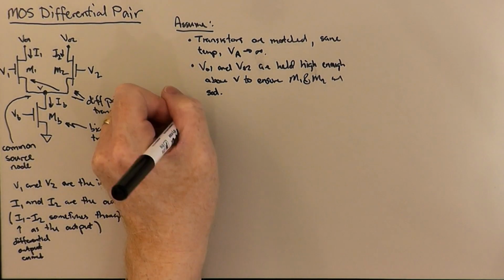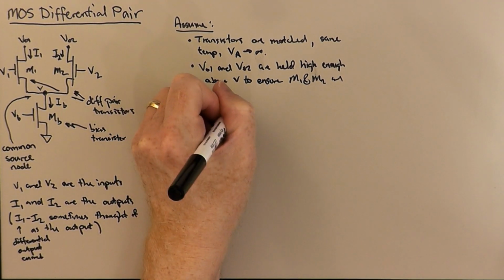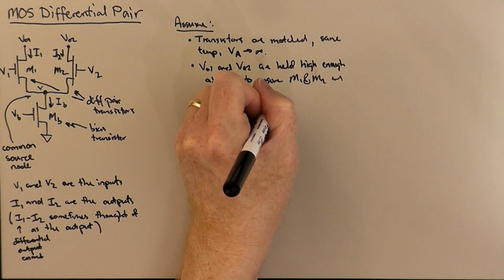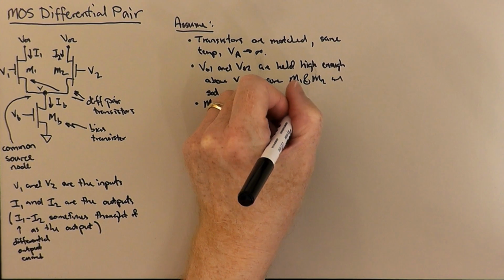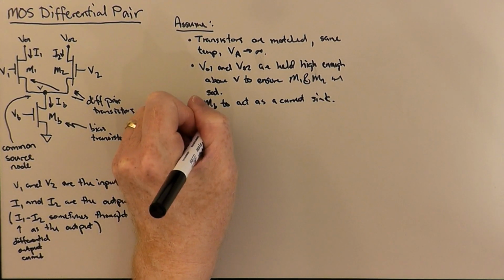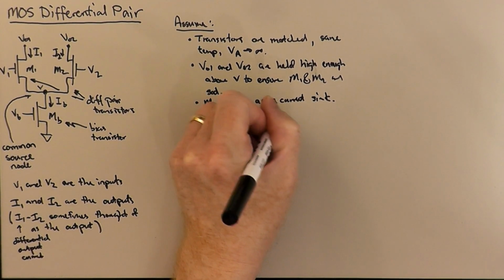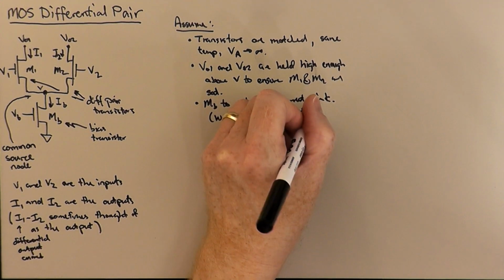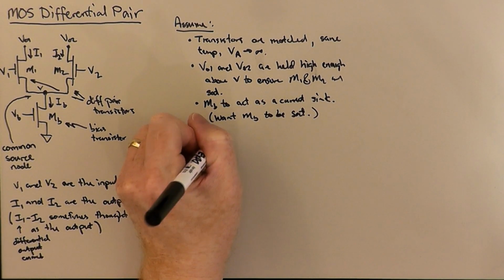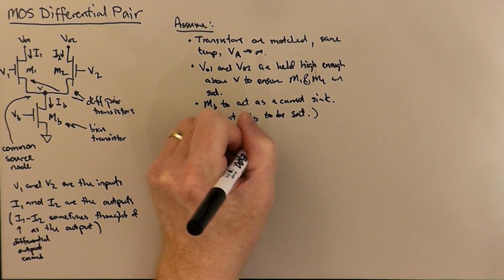And I mentioned before we want MB to act as a current source, current sink, which means that we want MB to be saturated. So obviously that implies that we need to have that V is greater than or equal to VDS sat.